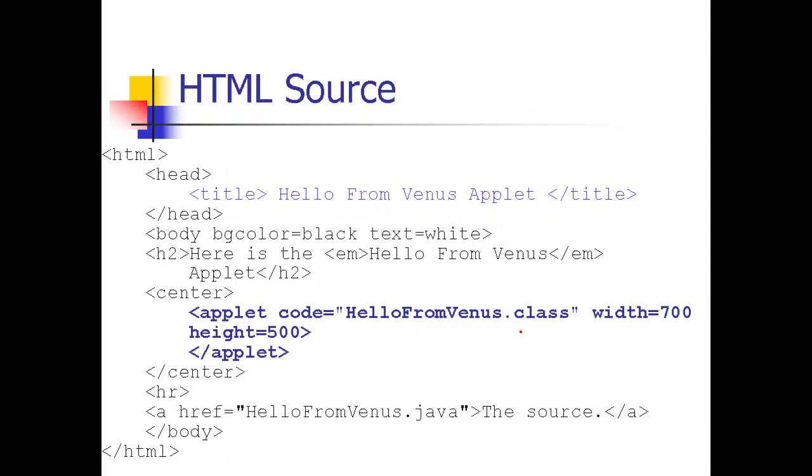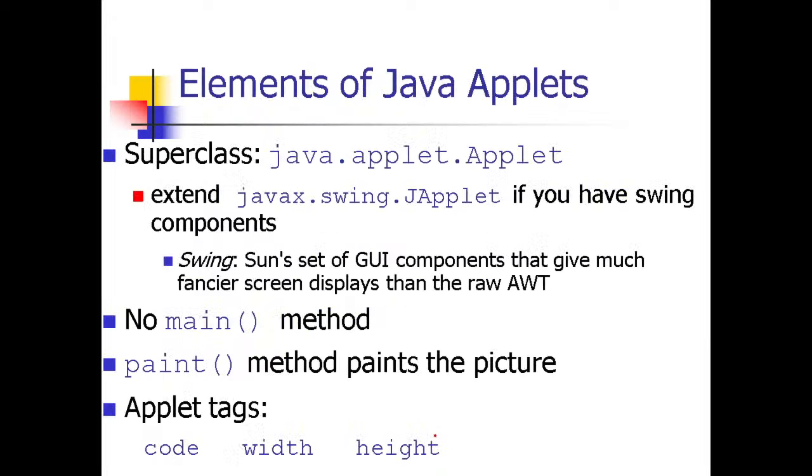This is my previous class name, and .class is an extension of it. Here I am mentioning hello from Venus.java. That is my source code.